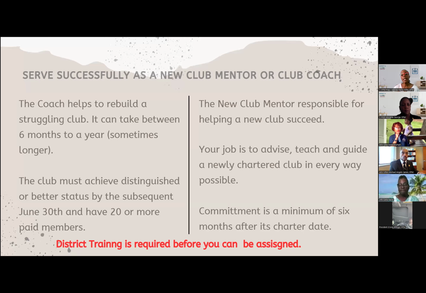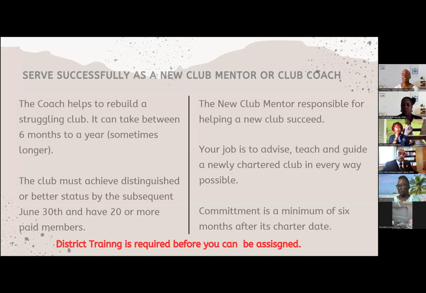Sometimes, and many times I have seen it's taken a little longer. But those are the differences between being a club coach and a club mentor. But in both cases, there's training involved. We don't get to just be those things because we raise our hand. There is training that is taken care of and scheduled by our chairpersons.